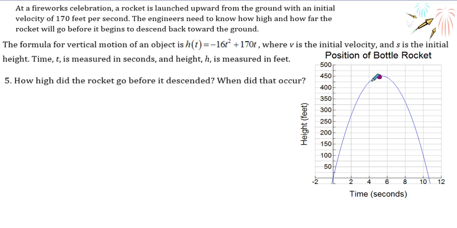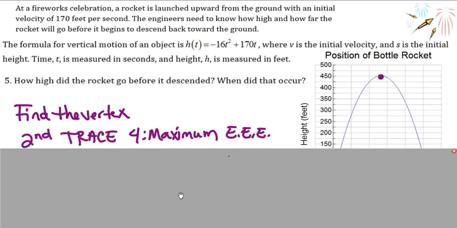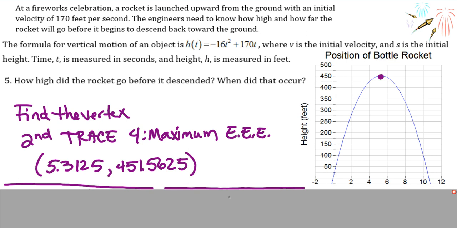It'll then say right bound, move the cursor to the right of that turning point and press enter. It'll ask you, do you want to guess? You don't, press enter a 3rd time, and it will give you the values of your vertex. So one way to find it, again with the technology, it will do that for you, second trace maximum.